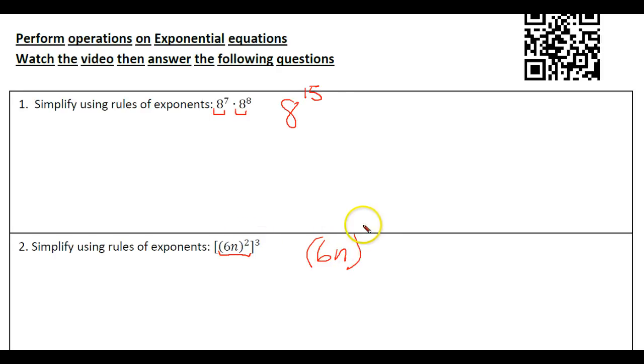Now 2 times 3 is to the 6th power. Now, to actually do this, though, we're going to go 6, and there's a 1 there in a sense, so that's 6 to the 6th power, and there's a 1 by the n, and we're going to multiply that. That is n to the 6th power.